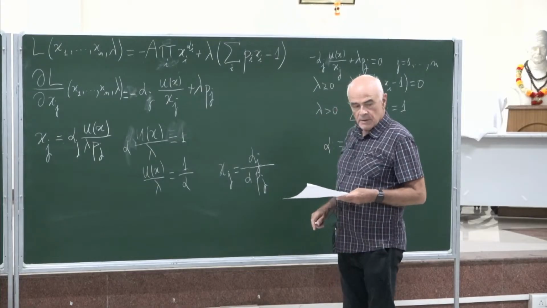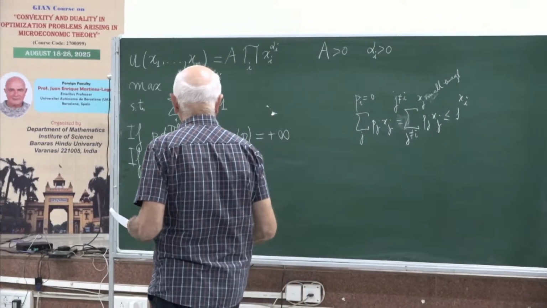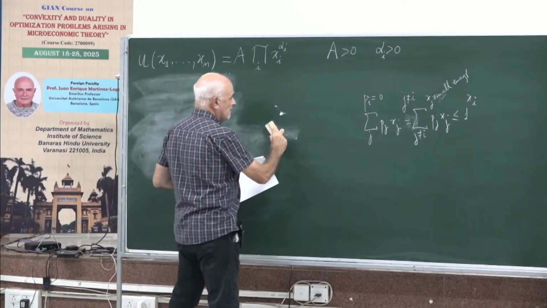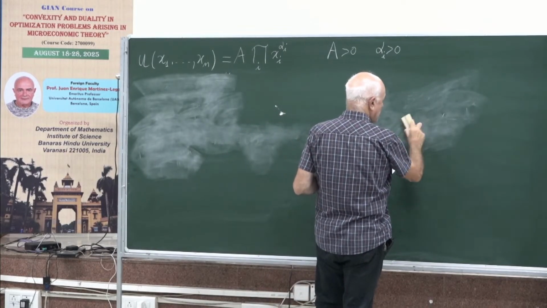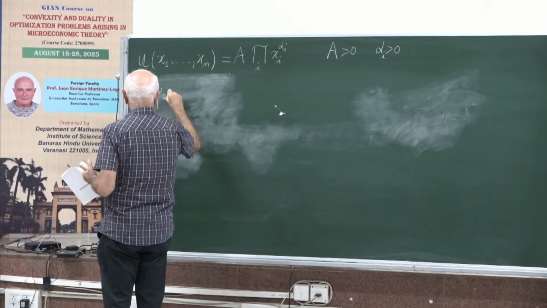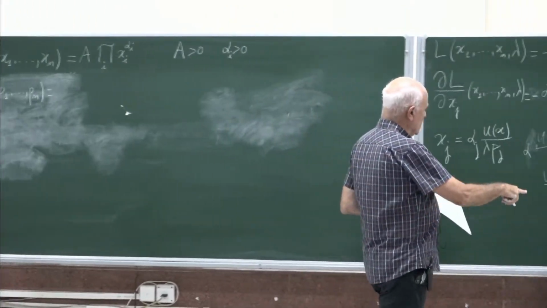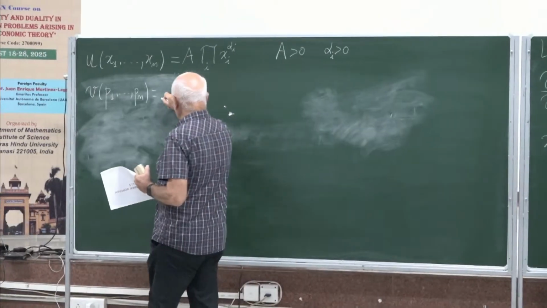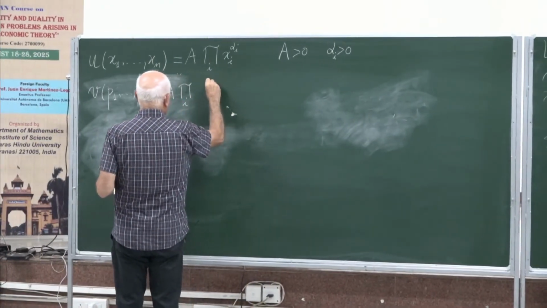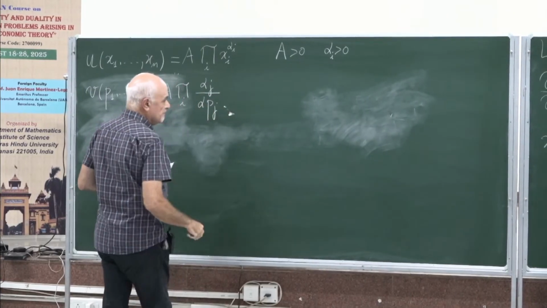Then if we replace it into the definition of the Cobb-Douglas function, we get that V of P, which is u of that optimal x with this xj, is A times the product over i of alpha i divided by alpha times pi, to the power alpha i.